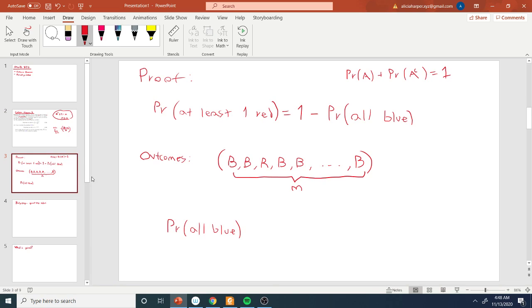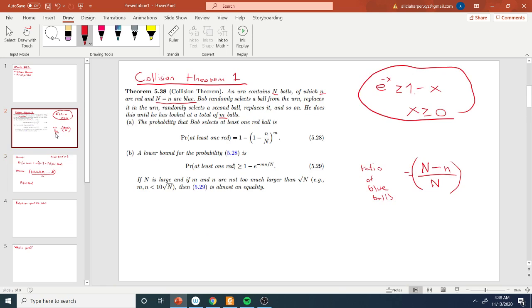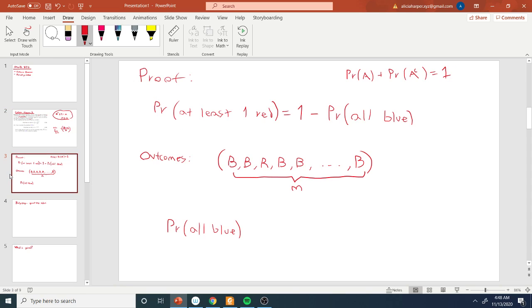Since we have to make m choices, and each of these choices is independent because we're always putting the ball back inside the urn, this ratio never changes. So the probability that it's all blue is going to be equal to big N minus little n divided by big N, raised to the m.